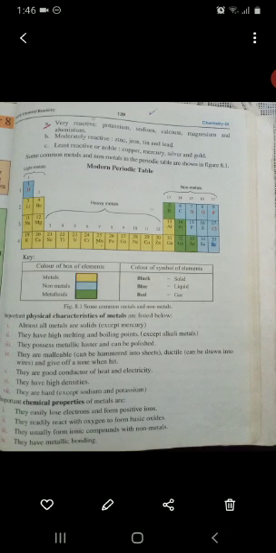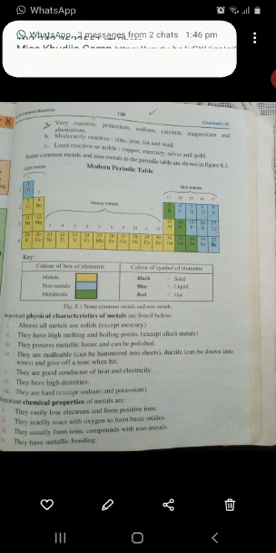We know that we can change metals into sheets, into wires, and this property, when we change metals into sheets, is called malleability. Ductile, they can be drawn into wires, meaning we can give metals the shape of thin wires, and this property is called ductility. And give off a tone when hit. You also know that when you hit any metal object, a special tone or sound is heard, so this is also a property of metals.